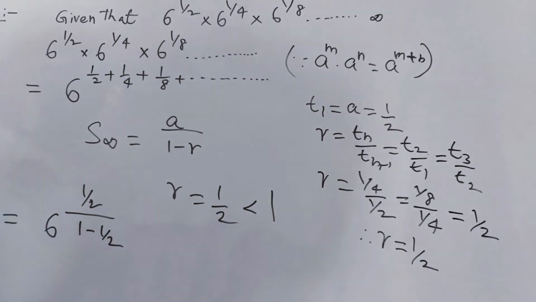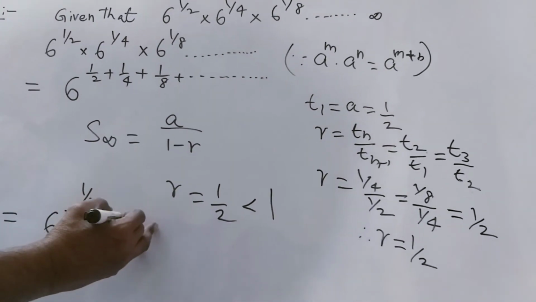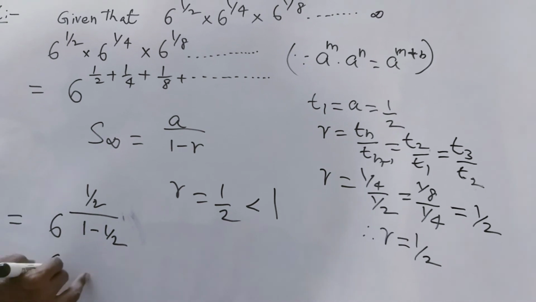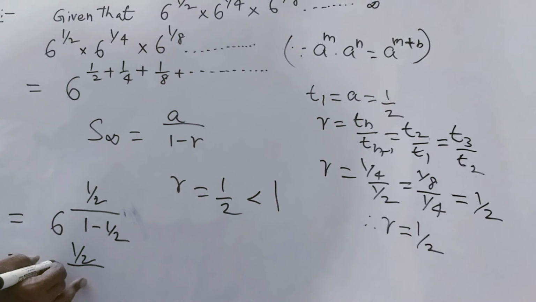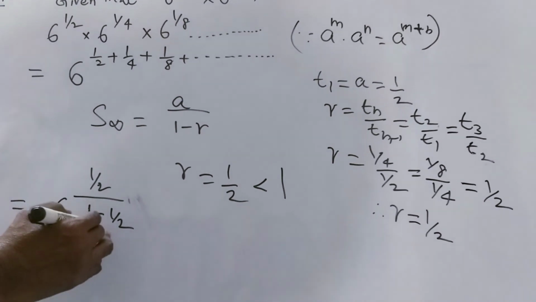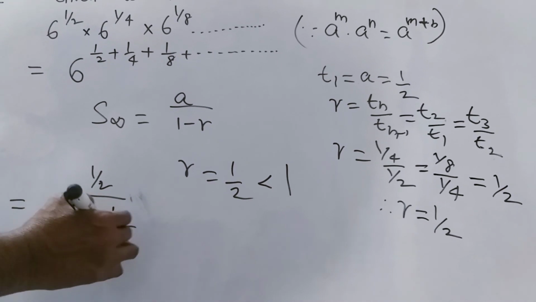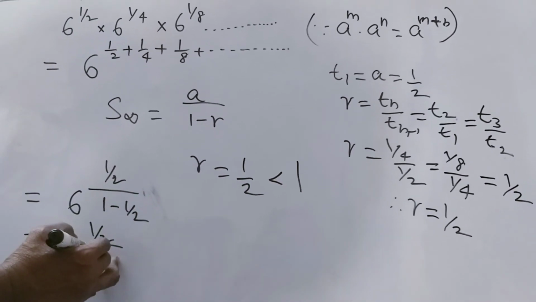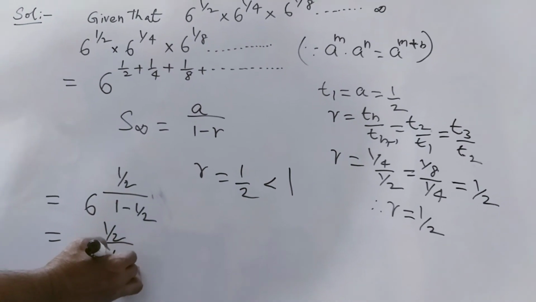So it becomes 6 to the power of 1 by 2 by 2 minus 1 over 2, LCM of 1, 2 becomes 2. 2 minus 1 is equal to 1, so 1 by 2. This one also 1 by 2.